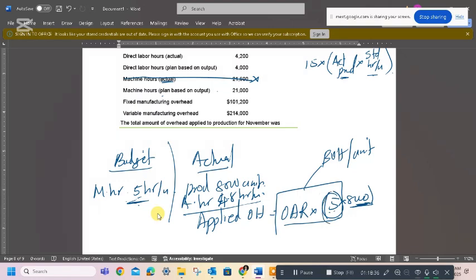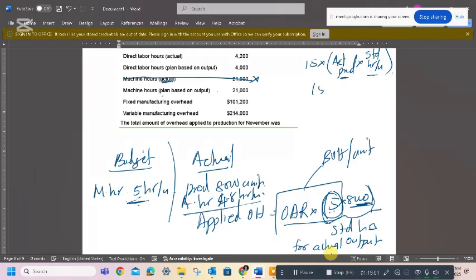How do you call this 5 into 8,000? That is known as plan based on output, or standard hours or planned hours for actual output. That's how you call it. Not just actual hours. We'll do more questions, you will understand this.